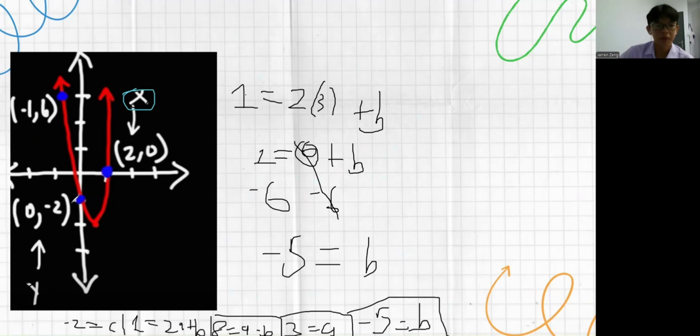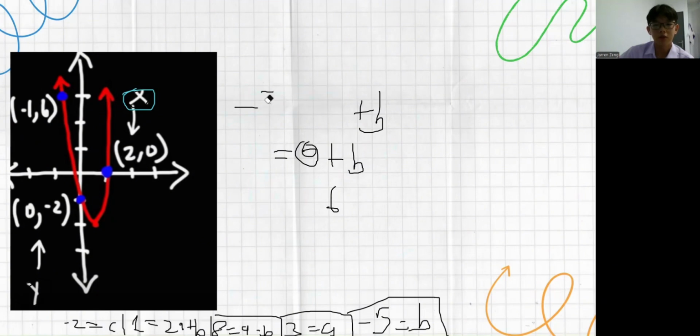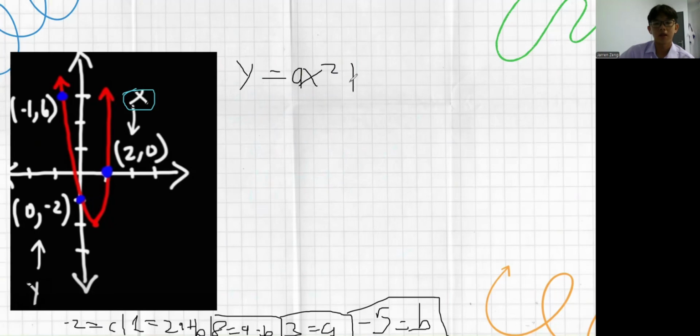Now, since we have got the a, b, c, all we have to do is simply substitute the numbers into the general form of the quadratic function, which is this one, the topic that we're focusing on.